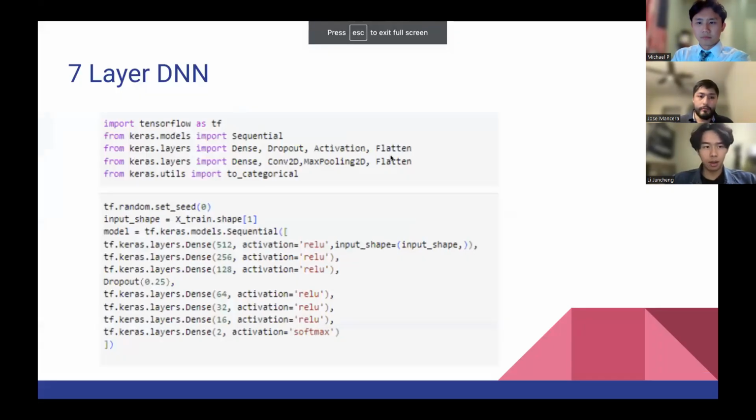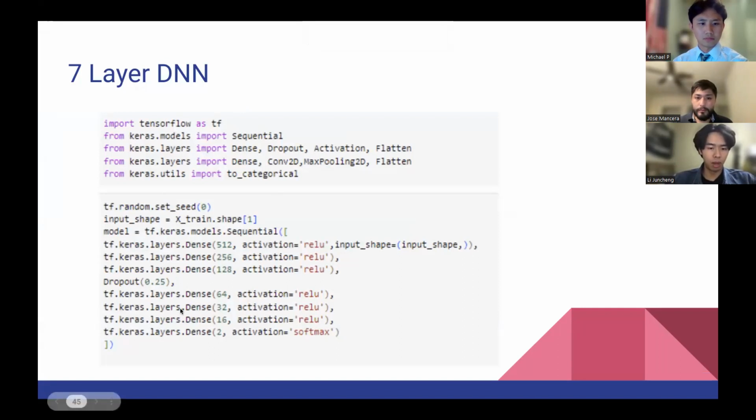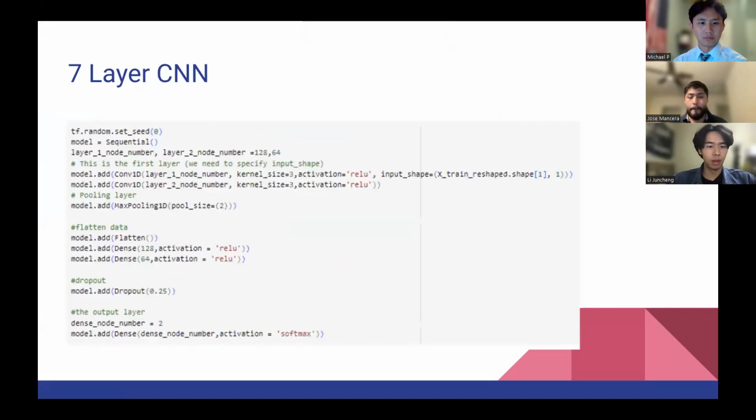Firstly, we have a 7-layer deep neural network. For this model we have 7 dense layers with ReLU activation. And here's our code for the 7-layer convolutional neural network.